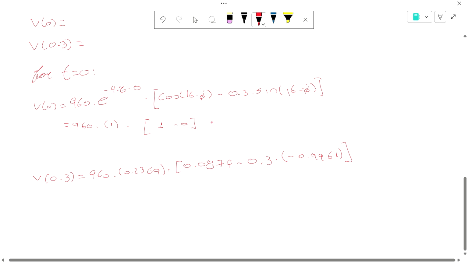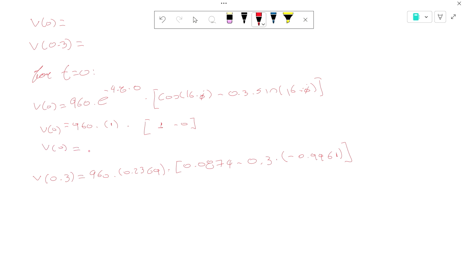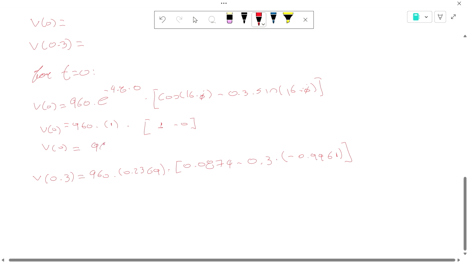Okay, so let's do those at the same time. At time equals 0, we'll have 960 times 1, and this is distributed, so 960.